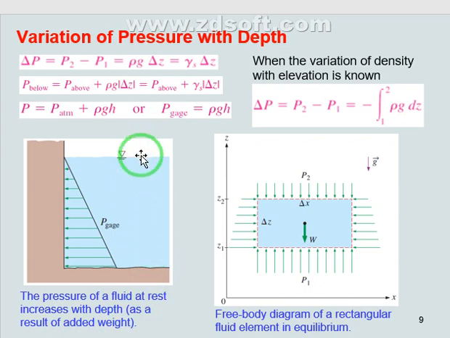If we have a water body, we must know that the gauge pressure increases proportionally with increasing depth. Look at this figure and this equation. This is how we are going to measure the pressure here. If we go to the surface, the pressure here is only the atmospheric pressure.